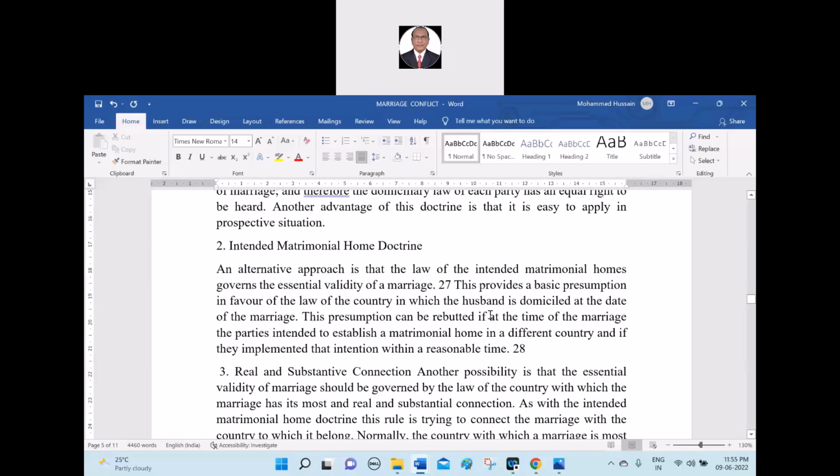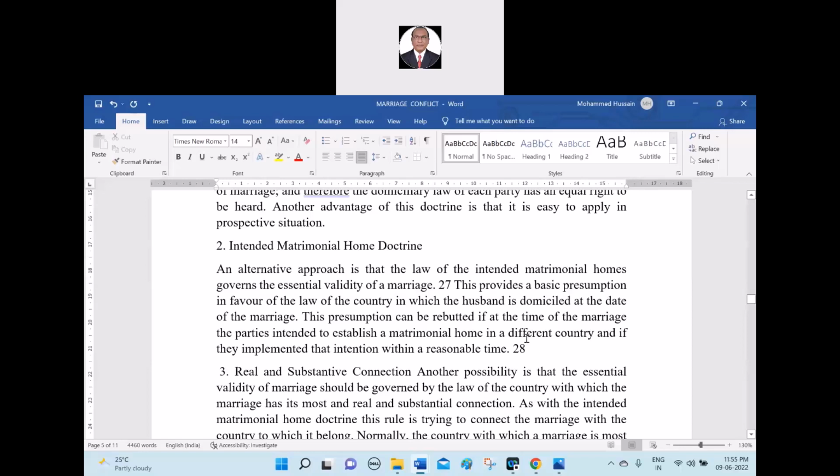This presumption can be rebutted if at the time of the marriage, the parties intended to establish a matrimonial home in a different country. Suppose they want to settle completely in a different country after the marriage, the position may be different. At that time, they will lose the domicile by birth and they will acquire the domicile of choice, the place where they want to live permanently after the marriage.